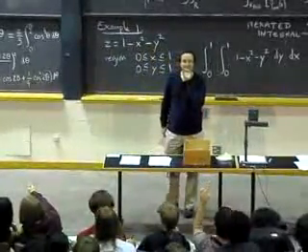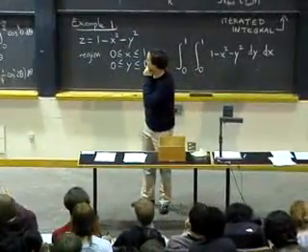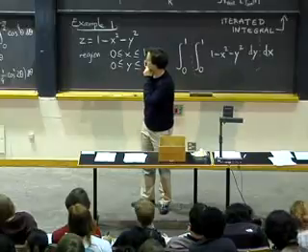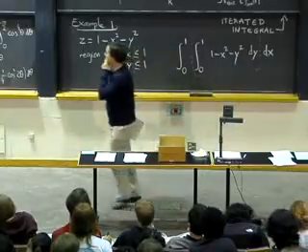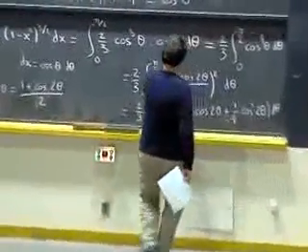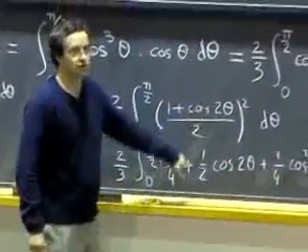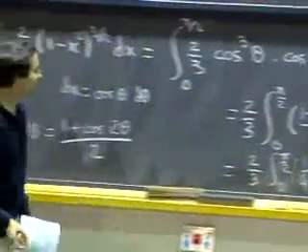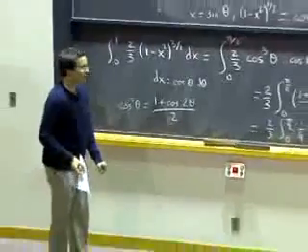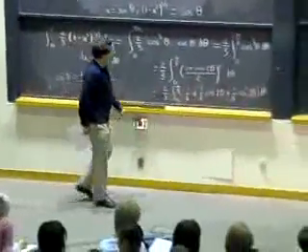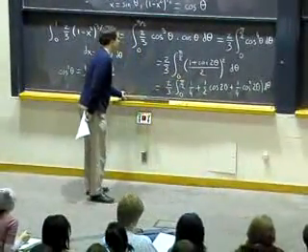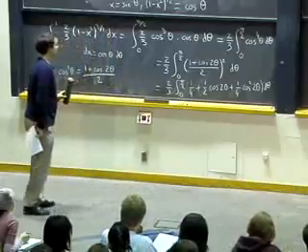Yes? Wouldn't it just be cosine 2 theta instead of 1/2 cosine theta? No, I don't think so, because if you take 1/2 times cosine, half times 2, you will still have a half. Okay? So if you do, again, the double angle formula, I think I'm not going to bother to do it.